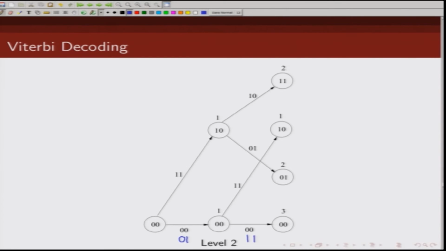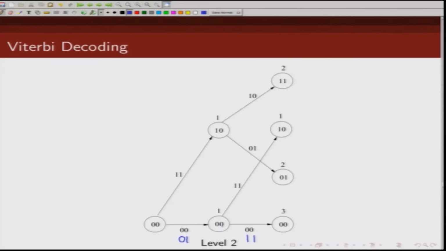Now, remember, for a binary symmetric channel, the maximum likelihood decoder is trying to find the Hamming distance between the receive sequence and the code sequence, and it will try to choose a path which will minimize the Hamming distance between the receive sequence R and code word V. So, let us look at this path from 0 0 to 0 0. What should have been the code word? 0 0. We have received 0 1. So, what is the path metric corresponding to this? That is 1.